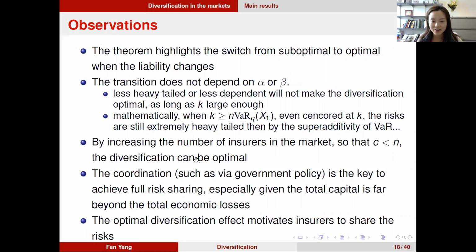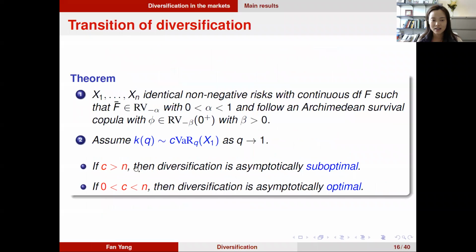And on the other hand, if we keep the liability and the capital reserve fixed, that is if we keep the C and all of these things fixed, but we change the N, if we increase the N, then eventually we can make the N greater than C, and then we can achieve asymptotic diversification optimality.